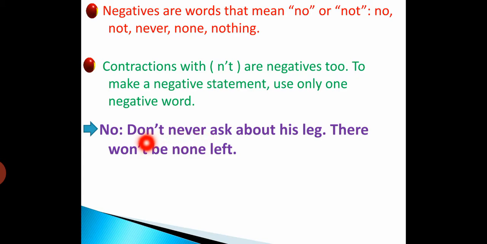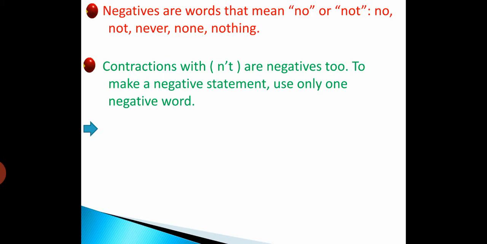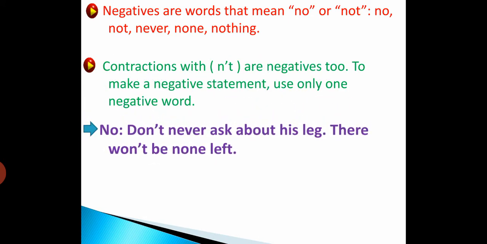So if you have two negative words in your sentence, it's gonna be positive. But we have to cancel only one of these two negative words to change it into negative. For example, I can say, do never ask about his leg, or I can keep don't and change never into ever. So it's gonna be, don't ever ask about his leg. Another example, there won't be none left. How many negative words here? Two.